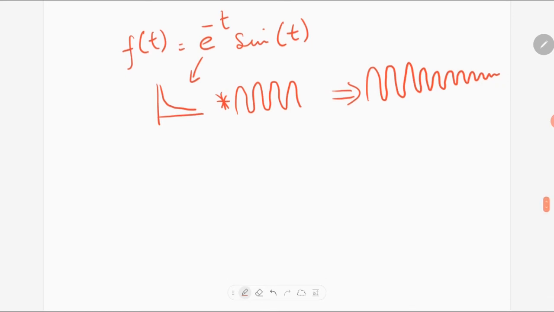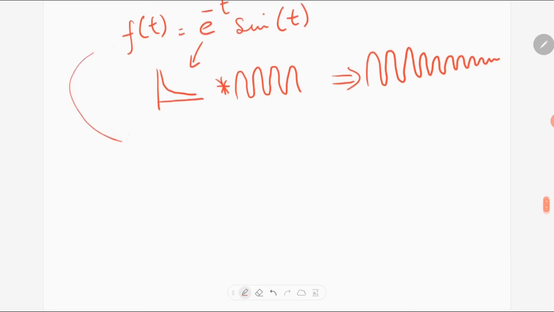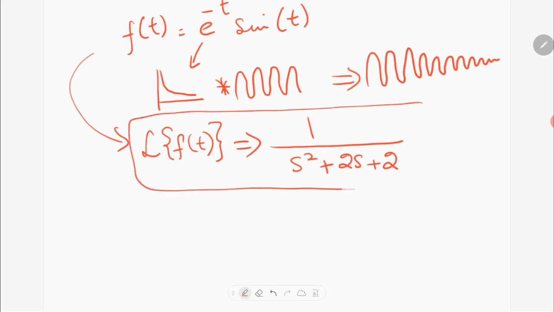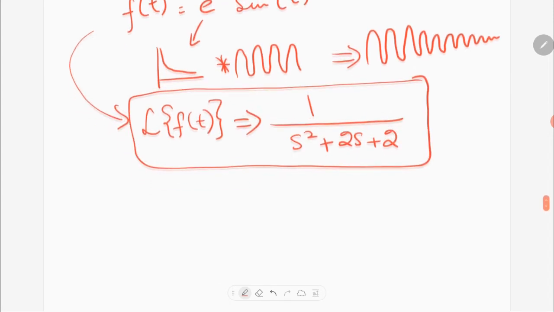Okay, so let's do the Laplace transform of this f of t and see what we have, right? If we take the Laplace transform of this, you will come up with 1 over s squared plus 2s plus 2, right? So this is the Laplace transform of this signal.